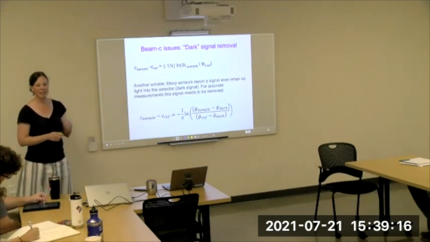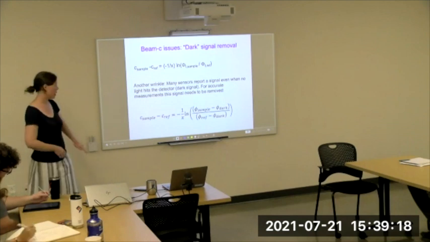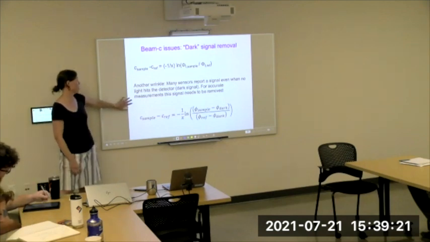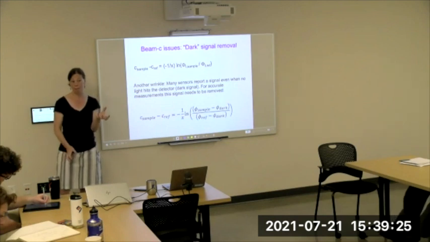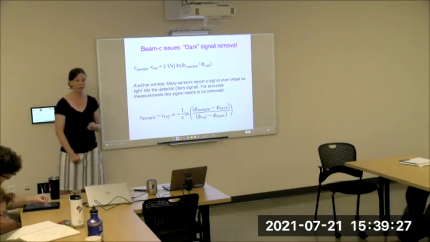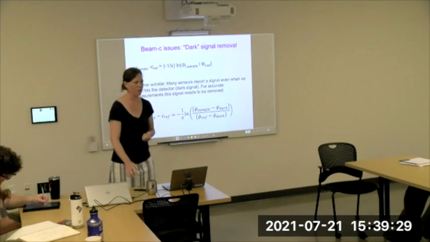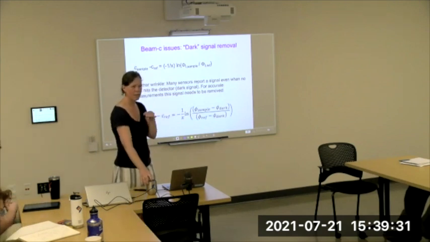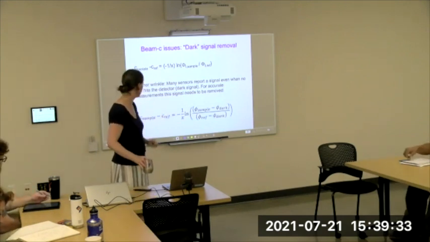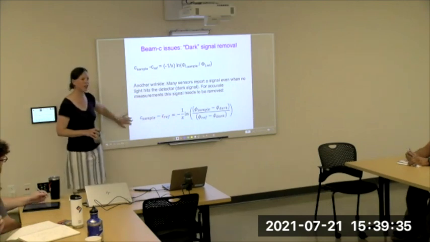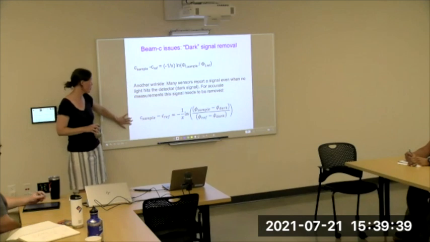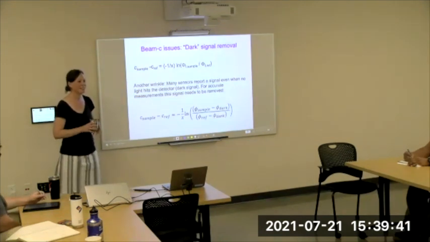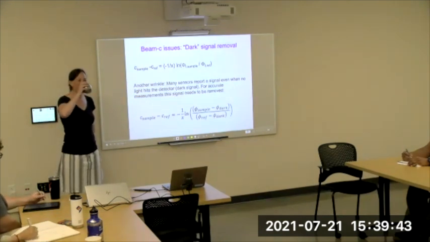So this is what you were getting at before, I think, that you want to also measure the dark signal and remove that from both your sample and your reference measurements. For transmissometers, blocking the beam will give you an estimate of that. There's also a factory dark. Factory dark sometimes is useful, but sometimes it's not, so it's good to check.